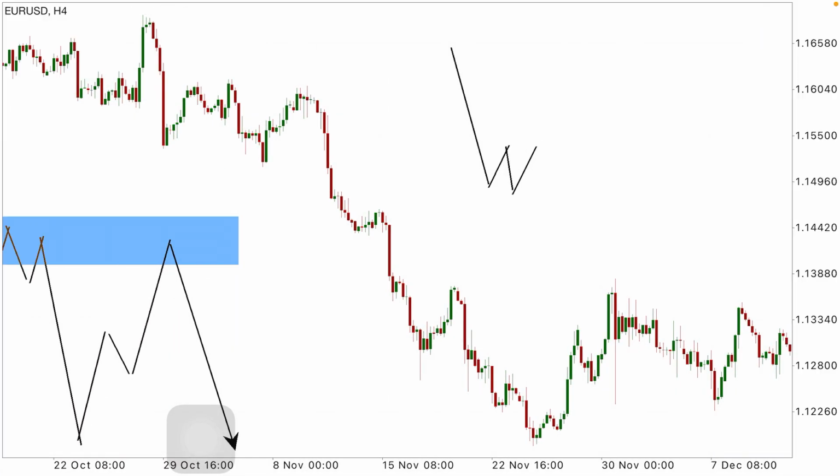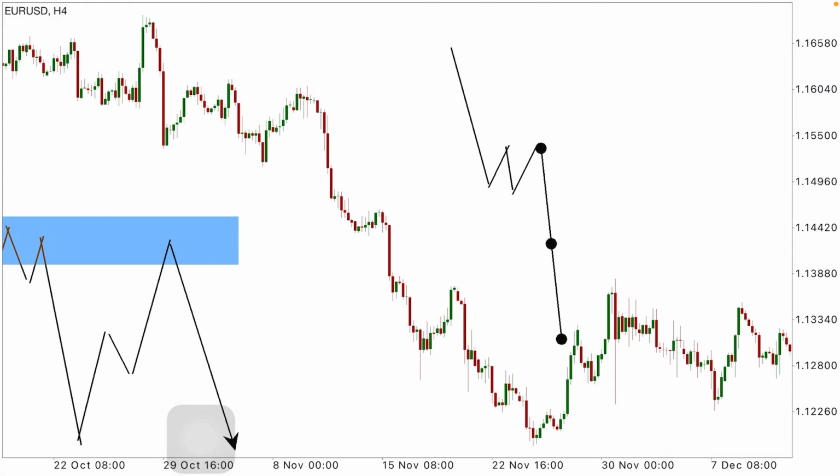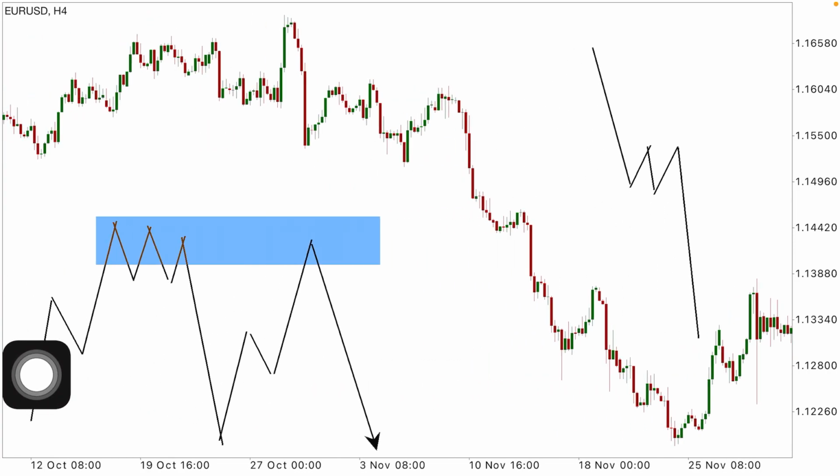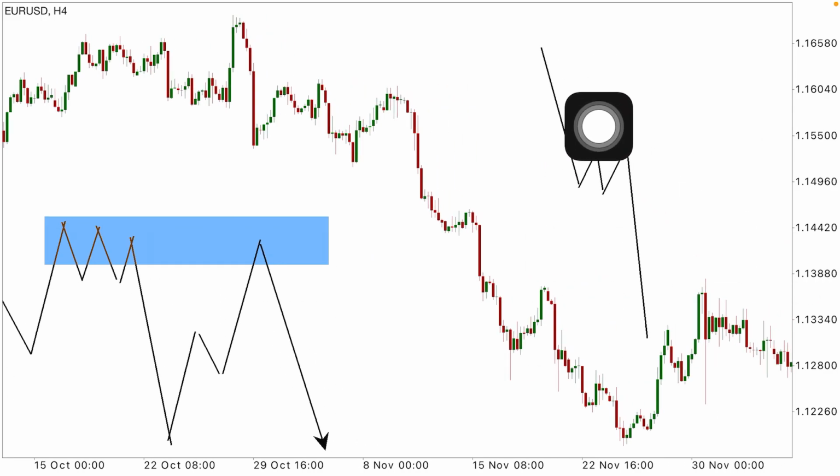Now, before price drops, so this is your drop base drop supply zone. It's different from the rally base drop. So this is a drop base drop supply zone.